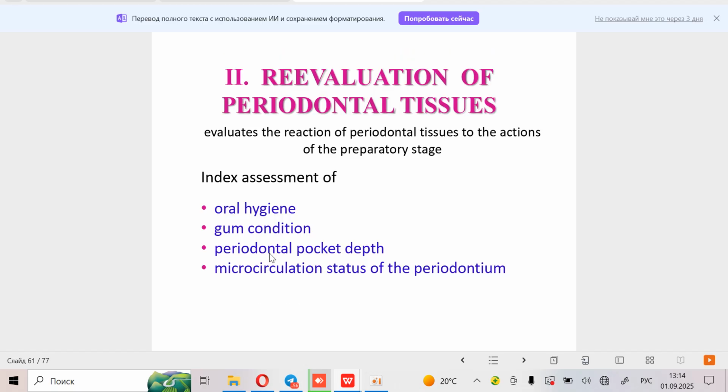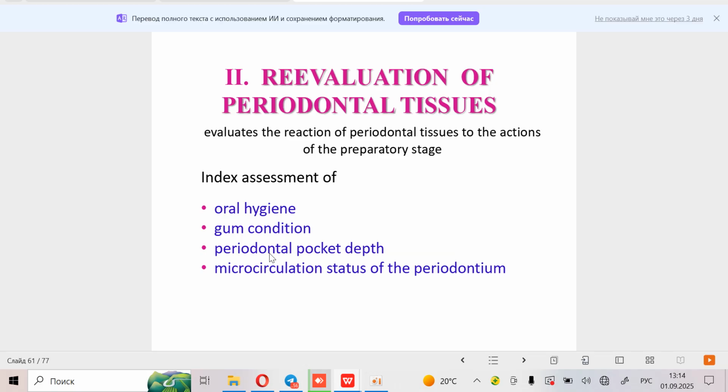Re-evaluation of periodontal disease. The next step is the re-evaluation, which evaluates the reaction of periodontal tissue to the action of the preparatory or initial stage.